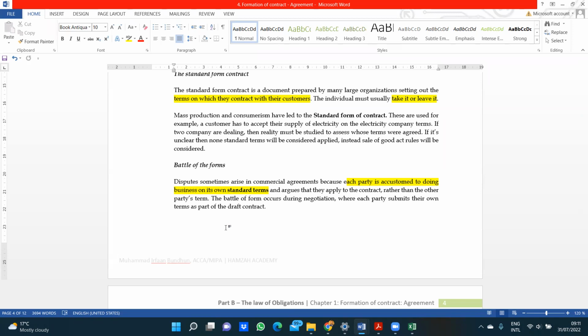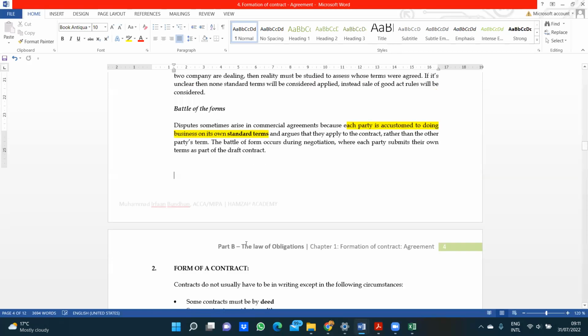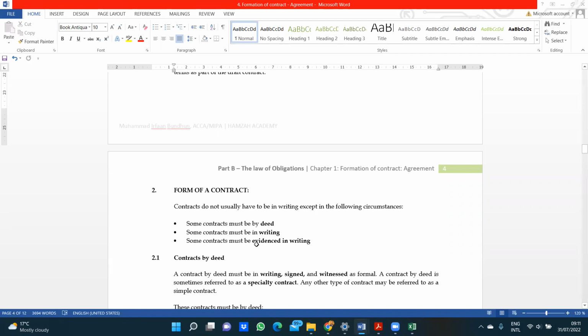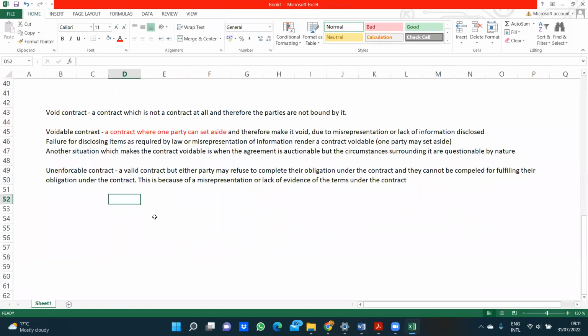However, the client enters into negotiation to change some parts of the standard form to make it closer to their own standard terms. And this is where the disputes arise. Okay, so just to summarize, issues surrounding a contract.